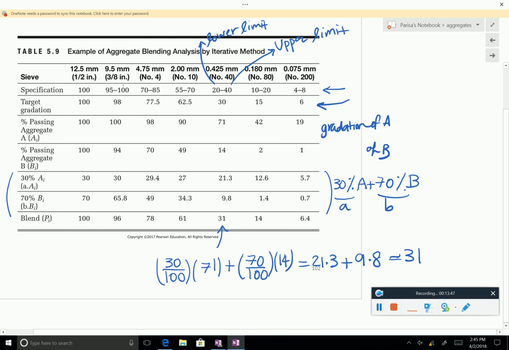So when you get 31, it is okay because it falls between 20 and 40. If it wasn't, then you need to change the percentages until it does. It's trial and error. I don't expect anything more than that for the homework. I sent an email to clarify that because there were plenty of questions about it. Is this clear? Do I need to explain this more?